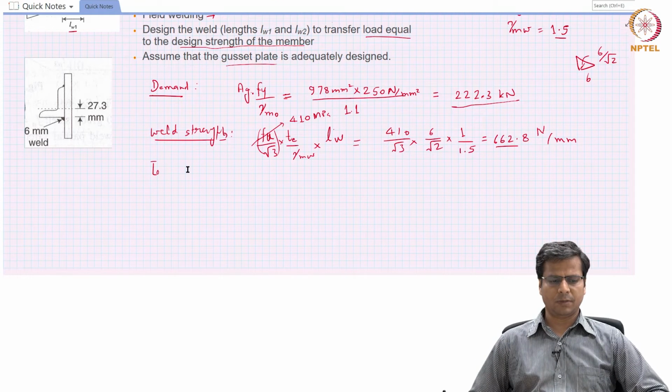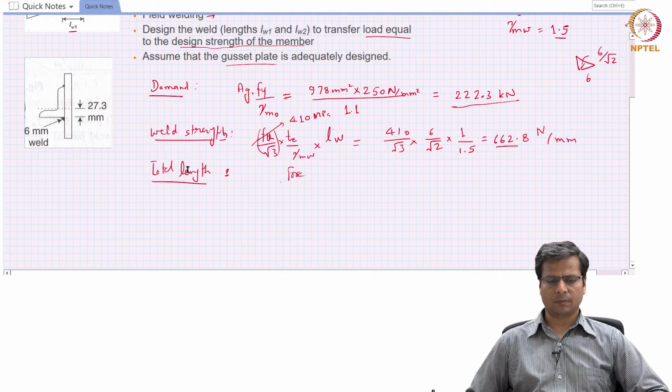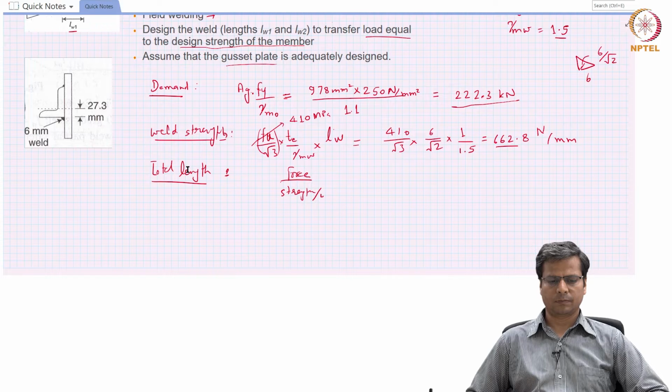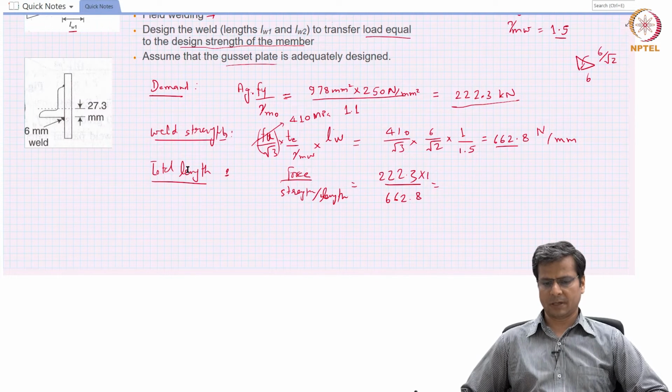Total length required will be force divided by strength per unit length, which is basically 222.3 divided by 662.8, and that can be calculated multiplied by 10 to the power 3 because it's a kilonewton in the beginning and now it is changed to newtons.